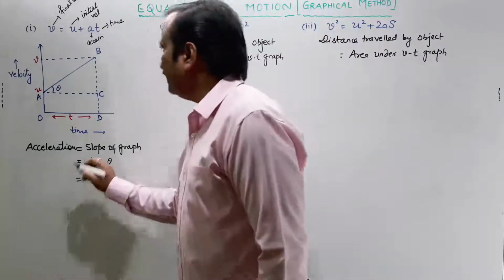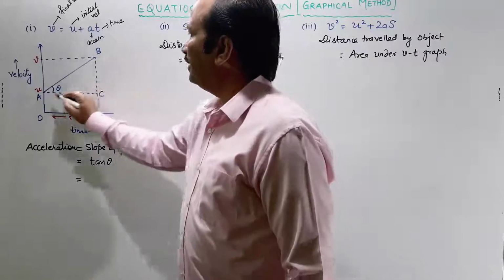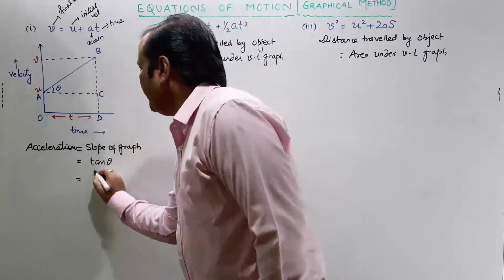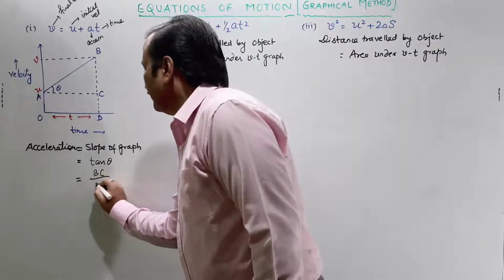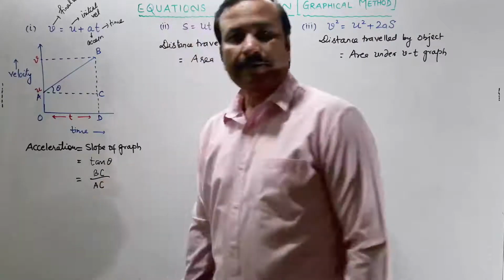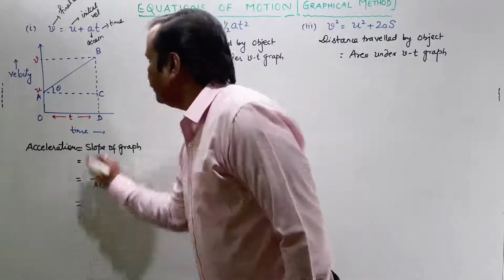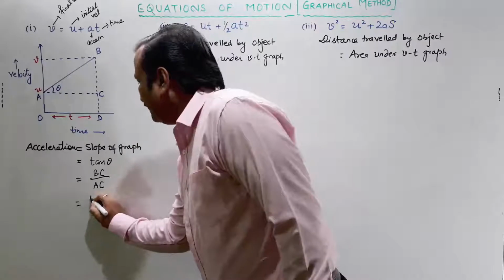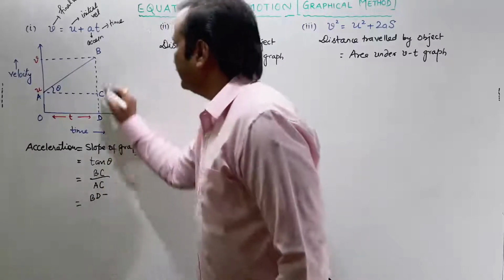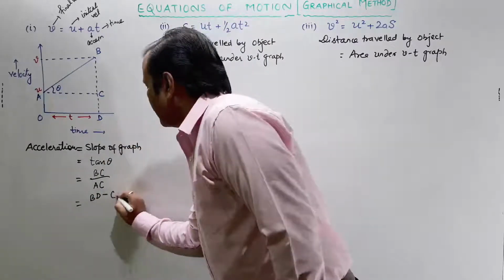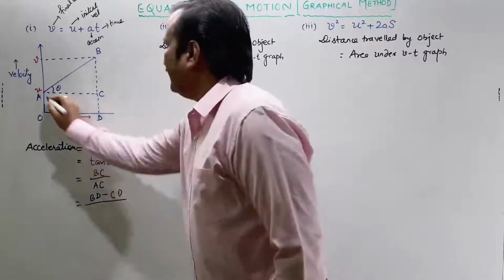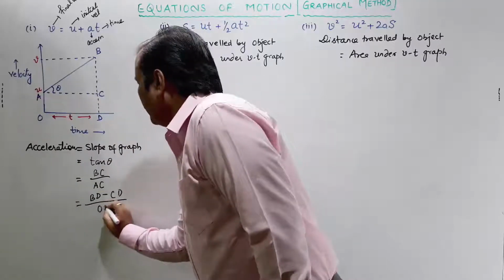Tan theta, you see here, we can write as perpendicular upon base, that is BC upon AC. BC we can write as BD minus CD, upon AC, which is nothing but OD.